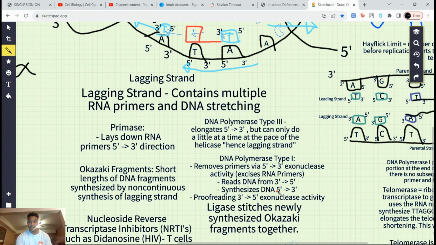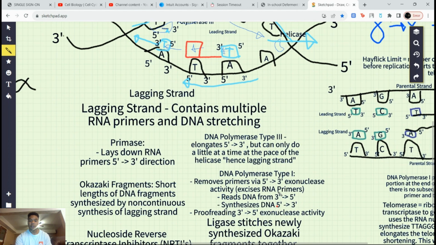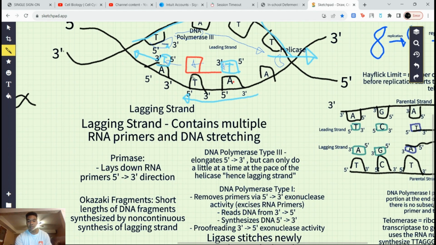The main difference is that it can excise RNA primers. So if you have all these primers mixed in with the DNA and you remove all those primers, now you have a bunch of DNA strands, but they're not connected, right?